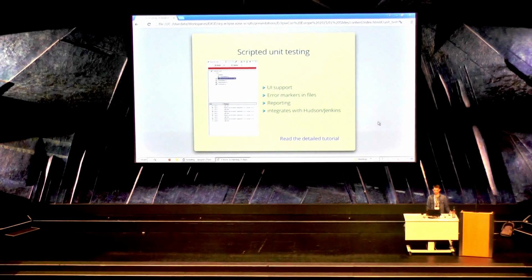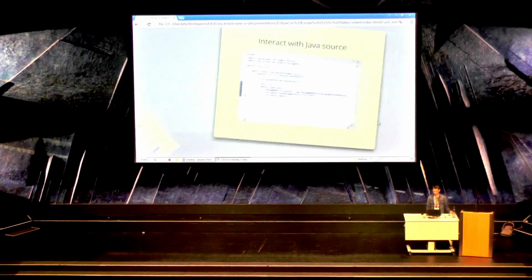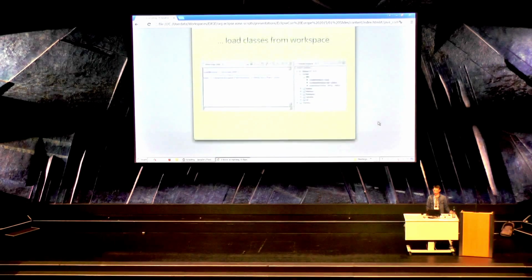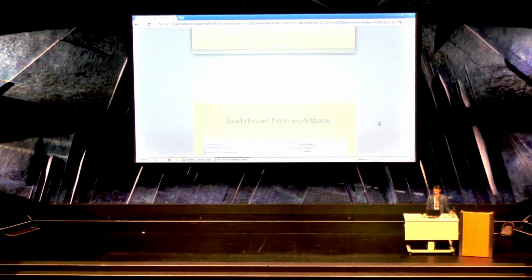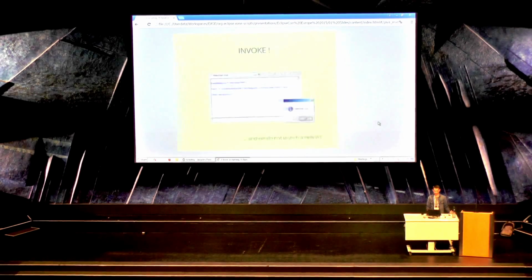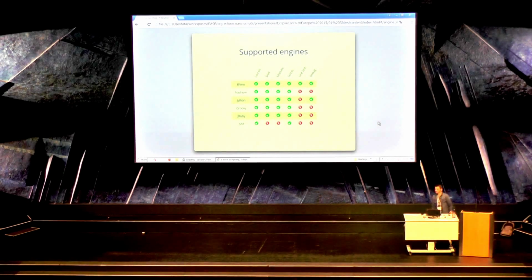We've seen the scripted unit test, which is tremendously powerful if you use it for verification and have your non-skilled programmers that want to do the testing. We've seen that we can interact live with Java without launching a new JRE. And that's the current status of which engines we do support so far.